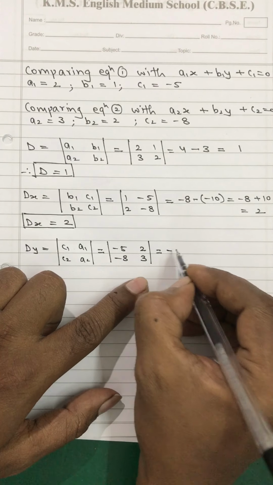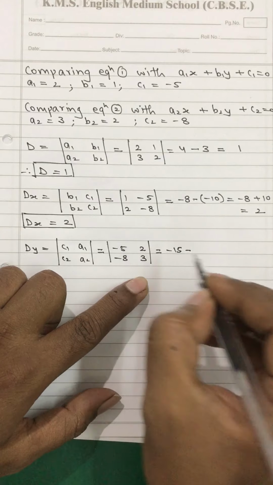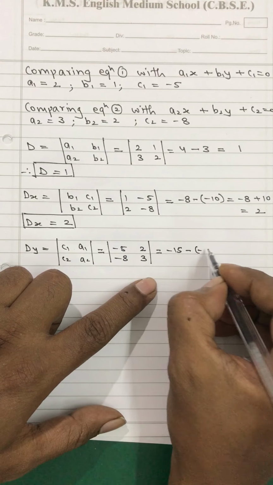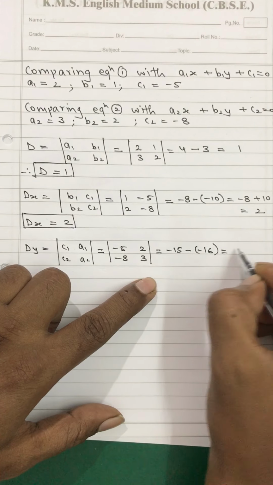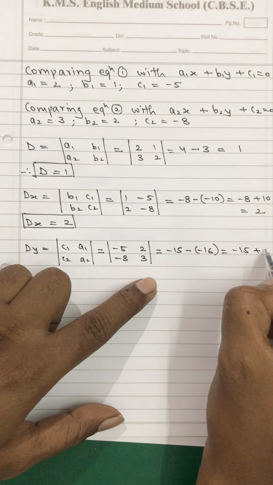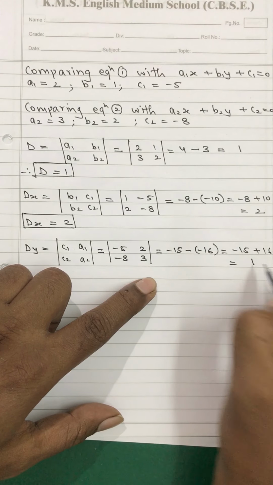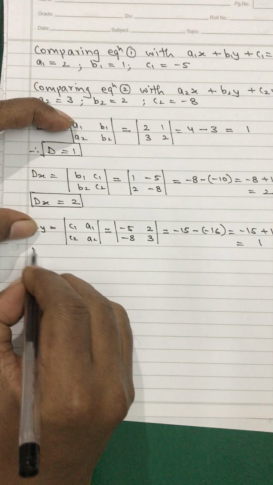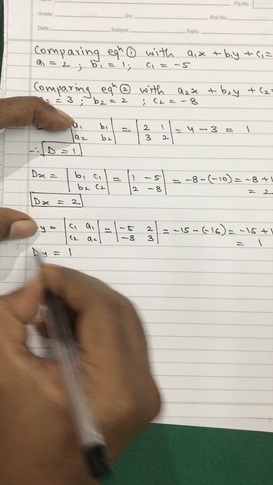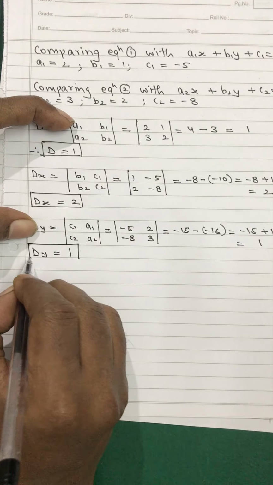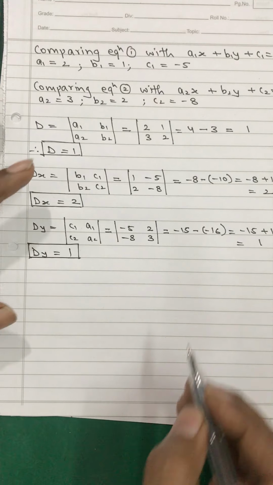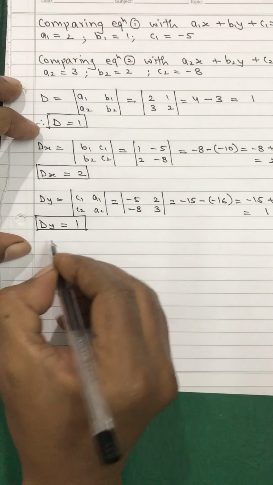So minus 5 into 3 will give me minus 15, minus of the sign, minus 8 into 2 will give me minus 16, that will give me minus 15 plus 16, so that will give me 1. Fine. So then I get Dy is equal to 1. Fine. So now I will go to find the value of x.